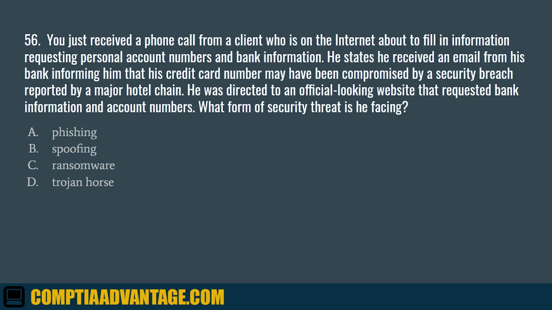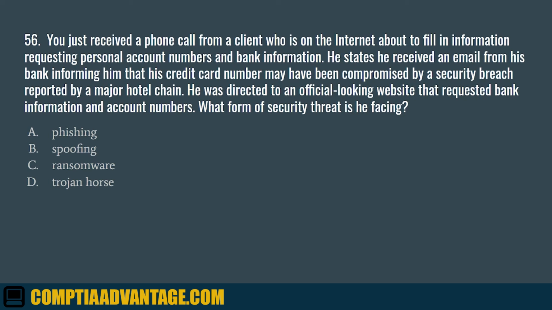Question 56. You just received a phone call from a client who is on the internet about to fill in information requesting personal account numbers and bank information. He states he received an email from his bank informing him that his credit card number may have been compromised by a security breach reported by a major hotel chain. He was directed to an official-looking website that requested bank information and account numbers. What form of security threat is he facing? A. Phishing.